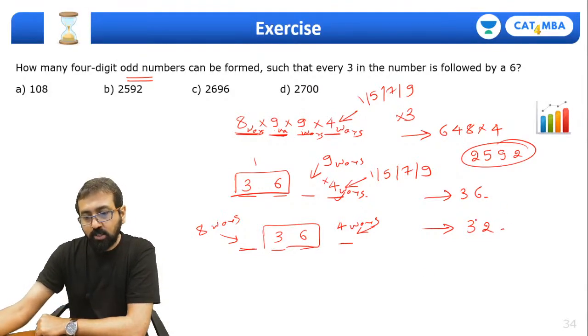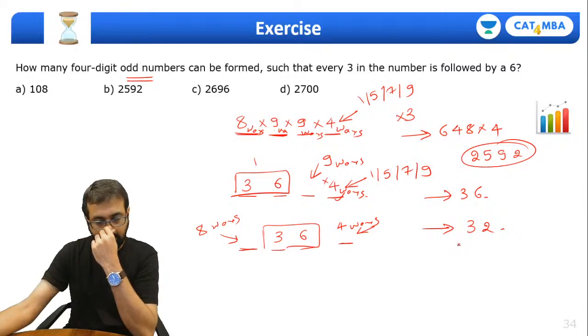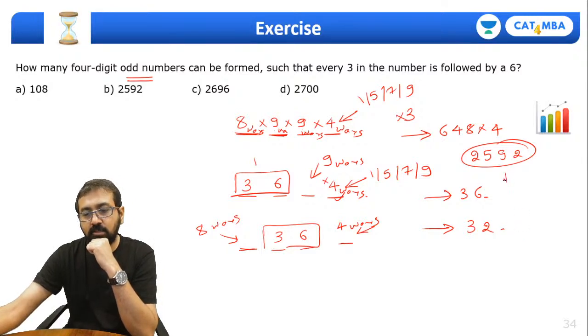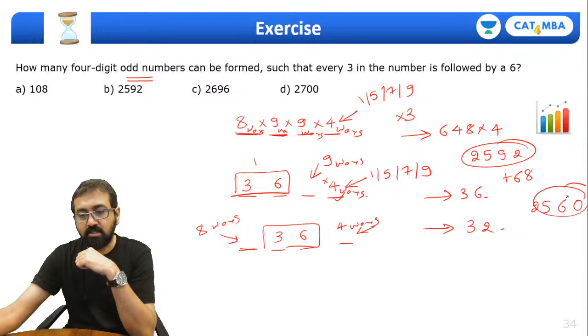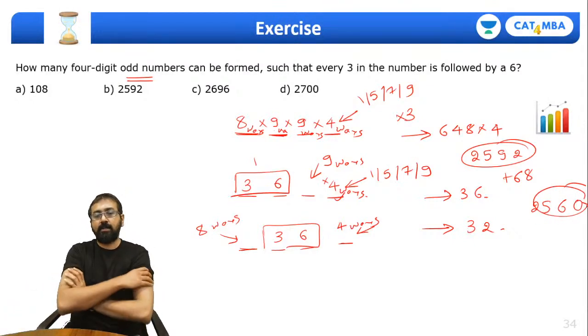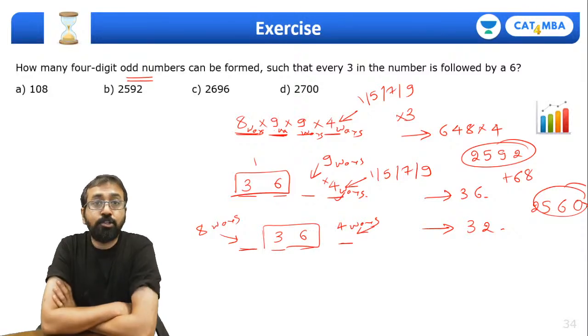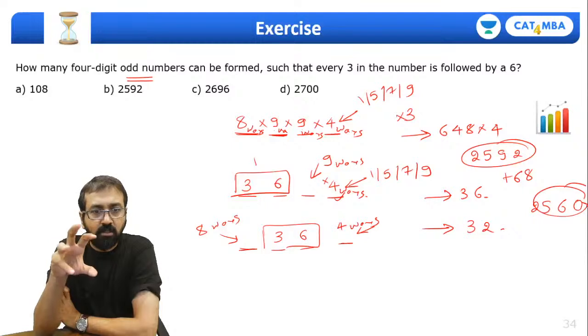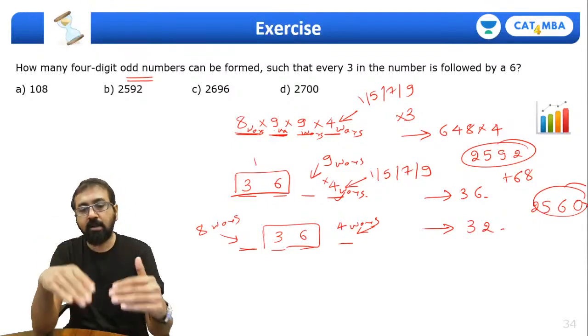So total number of ways will be 36 plus 32, it will come out to be 68. This plus 2592, so 2560 should be the answer. Isn't that? The answer should be 2560. Are we missing anything? Just write in the chat box if you think something is missing in this.